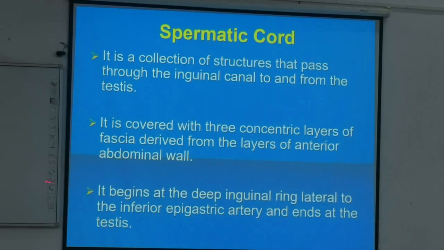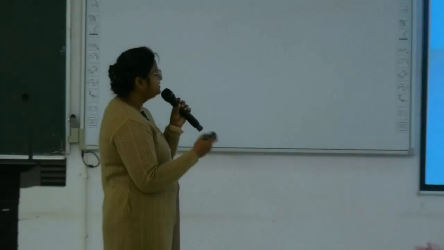This relation is important. This deep ring is always lying lateral to the inferior epigastric artery. You will see it in the dissection of the inguinal canal. Okay, this relation you have to note. How will you identify the deep inguinal ring? You have to find it just lateral to the inferior epigastric artery. Next.